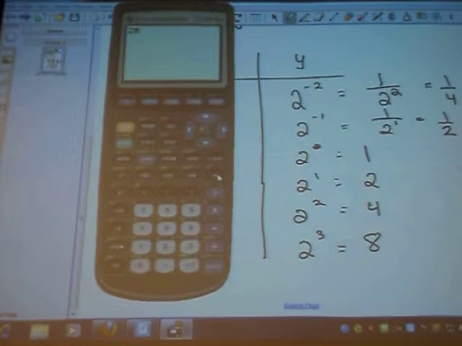Okay, so if I just do 2 raised to a power of -4, or no, sorry, -2. Anyway, -4, that works the same way. 2 raised to the power of -2 gives me 0.25, which is 1/4. Okay? So a negative exponent does not create a negative number, it creates a fraction.